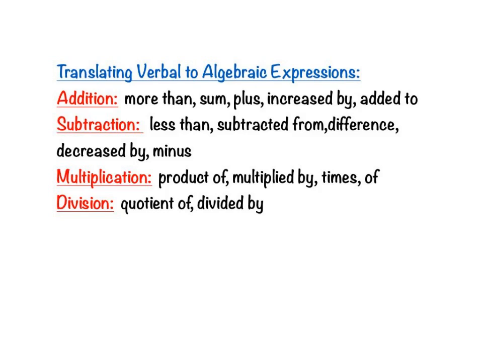For addition, some key terms are more than, the word sum, the word plus, increased by, added to. Those are some key terms that you can use when translating from either verbal to algebraic or algebraic to verbal.